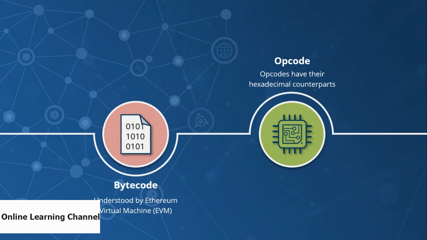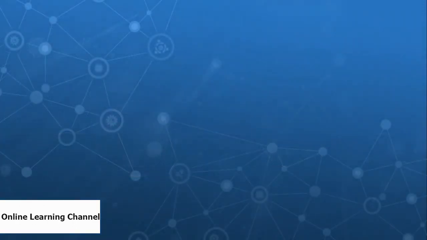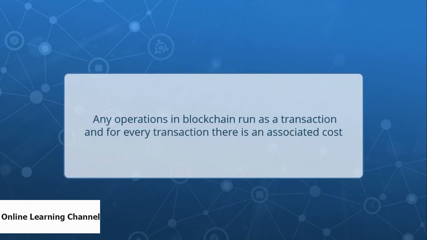However, they do have their hexadecimal counterparts, and since each opcode represents a single action, the opcodes can be used to determine the overall complexity of any operation on a smart contract. This is exactly why the opcode can be used to estimate the amount of gas which a particular transaction will require to be executed. It is the concept of gas which we will take a closer look at in the next clip.